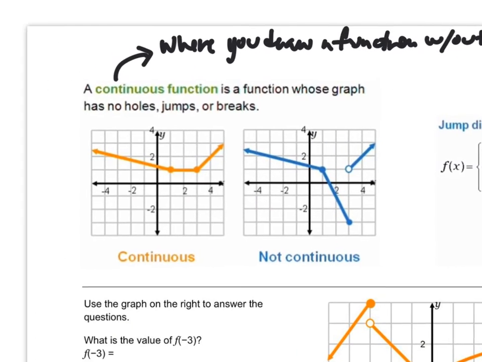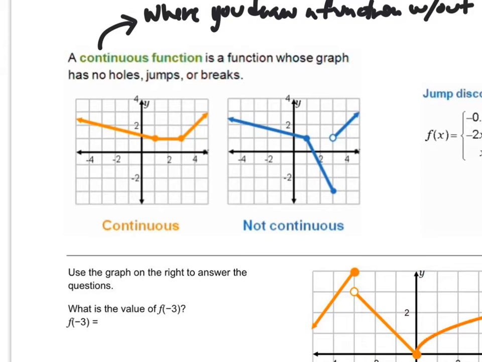So this is a continuous function here because I can draw this graph, and the graph does change. I've got this line here and it changes to a horizontal line, and then we get this positive slope here. But it's continuous because I can draw this without picking up my pencil. On the next one, the reason that it's not continuous is because I have this line with negative slope that goes way down.